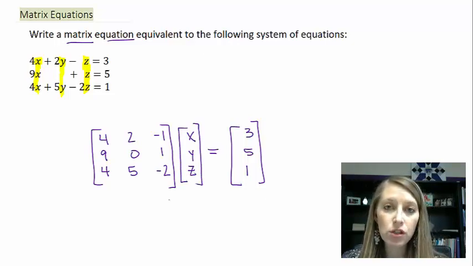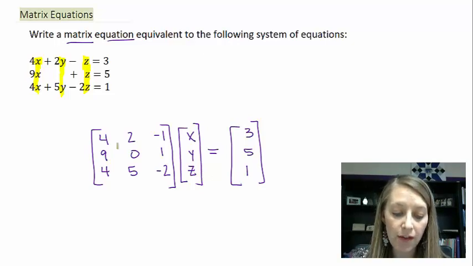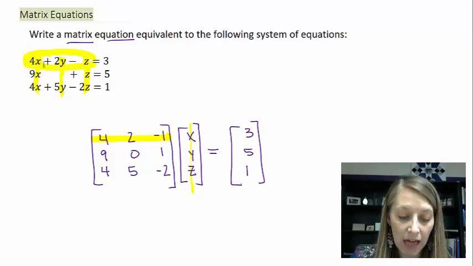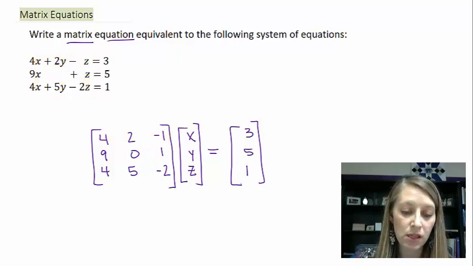So if I were to actually multiply out these matrices here on the left, I would take this row times this column: 4 times X plus 2 times Y plus negative 1 times Z, which would give me exactly this right there. And I could do that again for each respective row, and of course we would see the pattern.